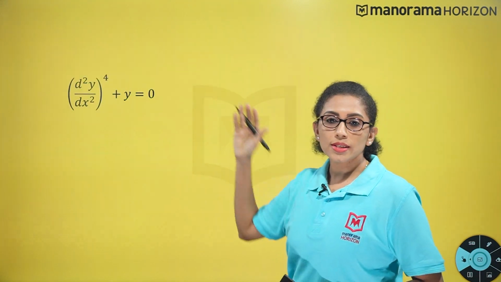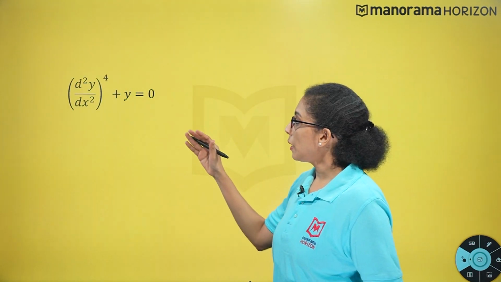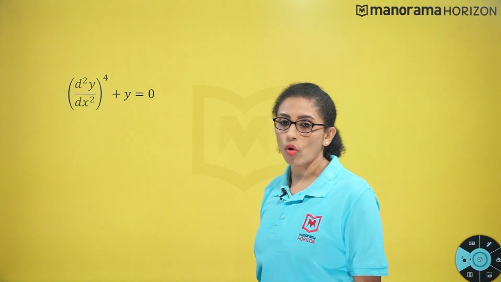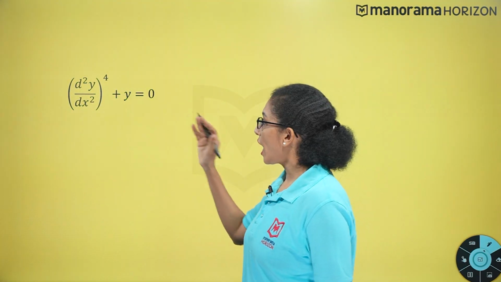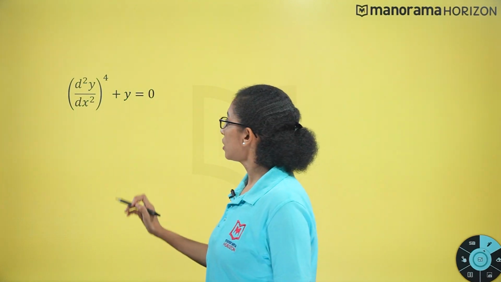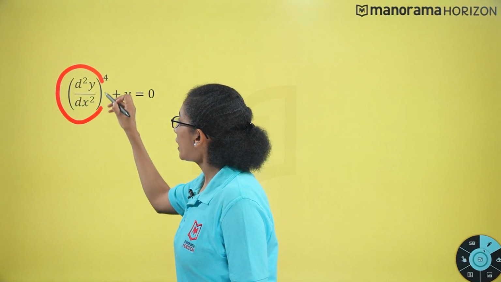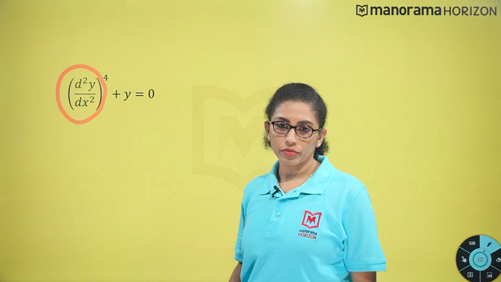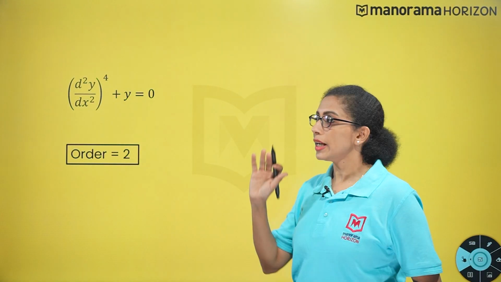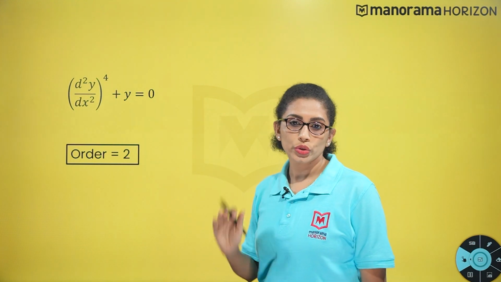Now, consider this equation: d square y by dx square the whole raised to 4 plus y is equal to 0. Here, the highest order derivative is d square y by dx square. So, it is a second order derivative. So, the order of the differential equation is 2.